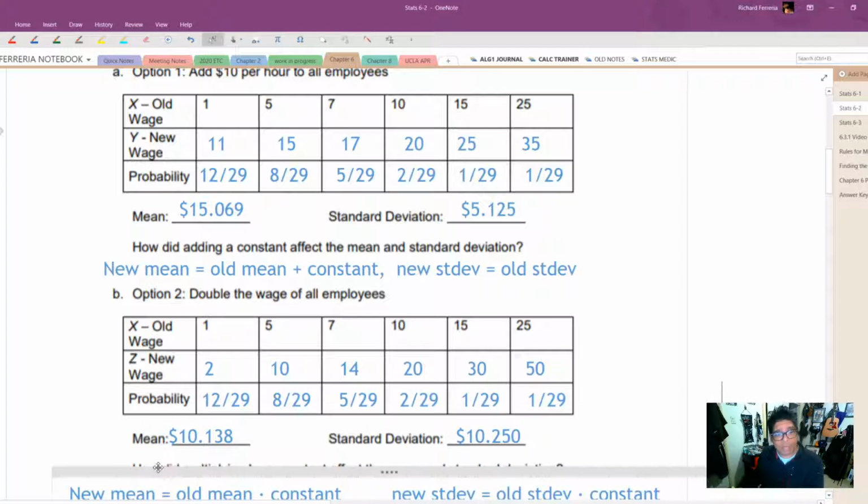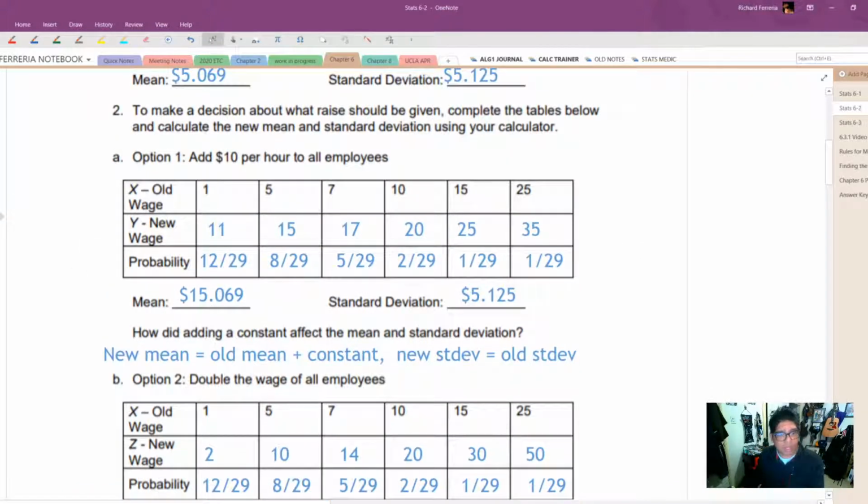If we look at the mean and the standard deviation, a typical wage would be somewhere between $0 and $20. Whereas if we add $10, a typical wage would be somewhere between $10 and $20. So it means a lot for the lower end of the spectrum, which is where most people are going to fall from this distribution.